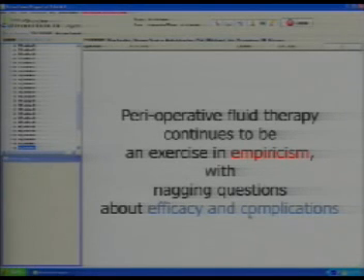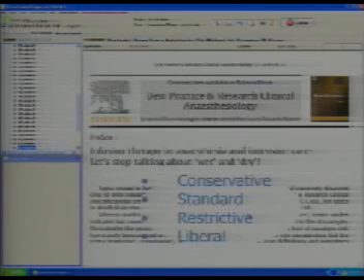So, to summarize, at the moment, the way we practice fluid therapy in children is an exercise in empiricism, meaning it's all empirical without much scientific evidence. For this reason you have seen all these nomenclatures: conservative fluid therapy or standard fluid therapy, restrictive fluid therapy, liberal fluid therapy, without exactly defining what is restrictive, what is liberal, and what is conservative. These terms have come up from different authors, different individuals, without a very clear-cut standard definition.